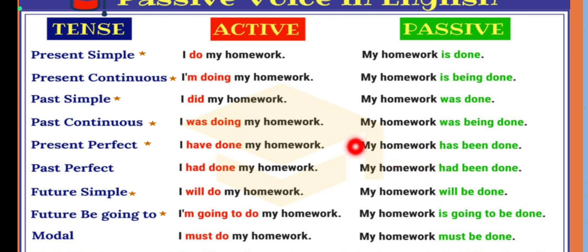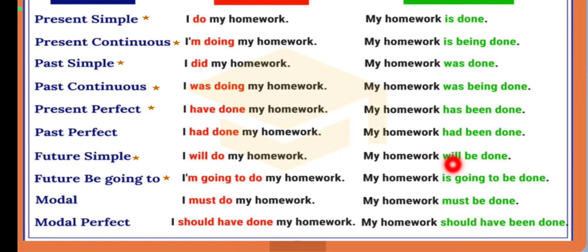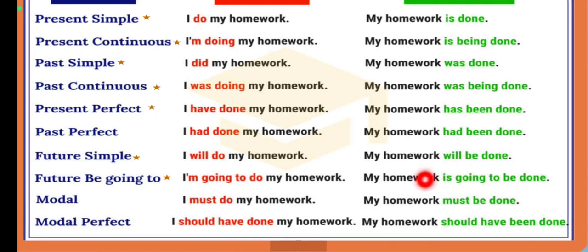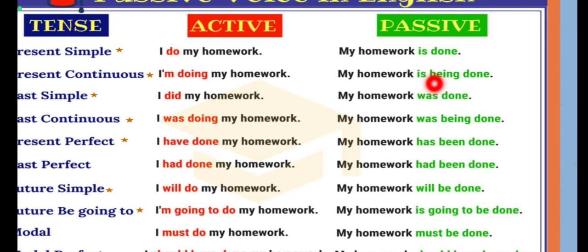Now, when we have present perfect, we use the auxiliary for present perfect, has. And if it is past perfect, had. Pretty easy. Now, when we have future simple, will, and be going to, we use is or are going to. Okay, now after these particular forms or auxiliaries, we always use the verb be and the past participle. For example, if it is present continuous, we use is being plus past participle.